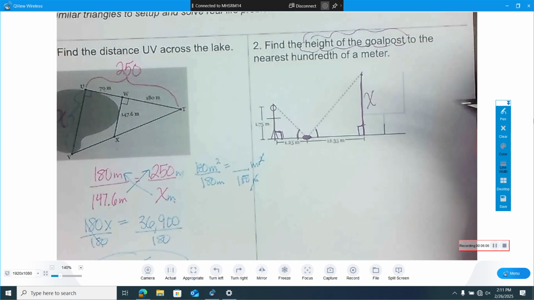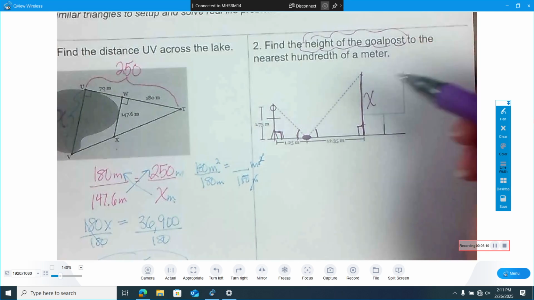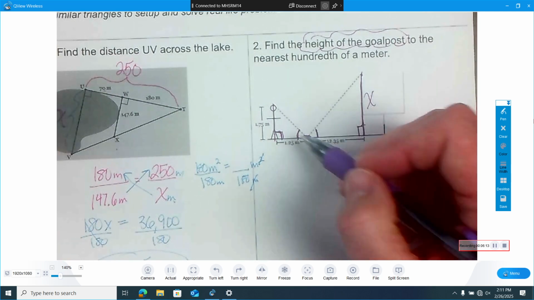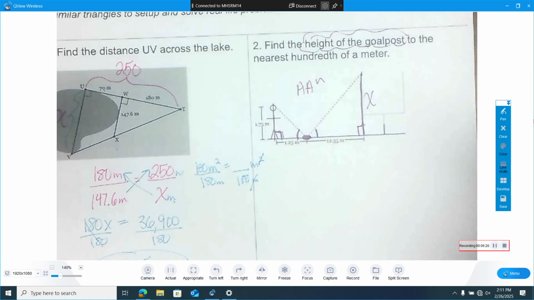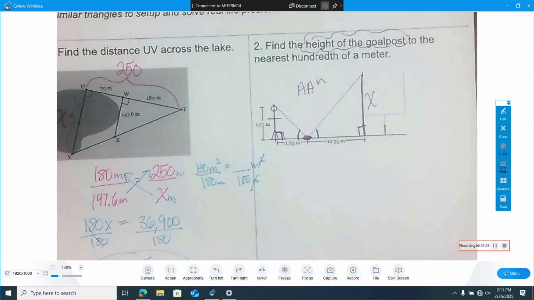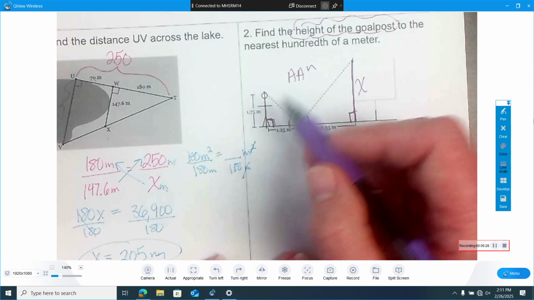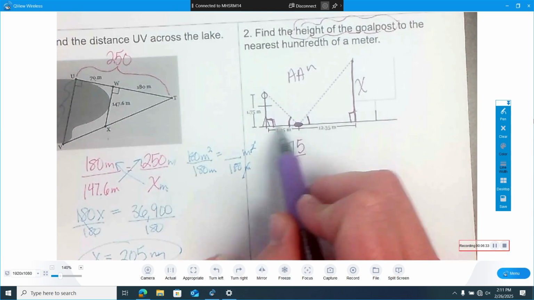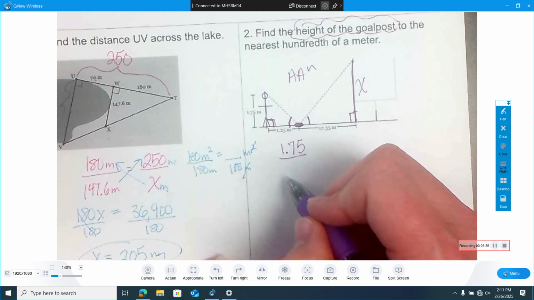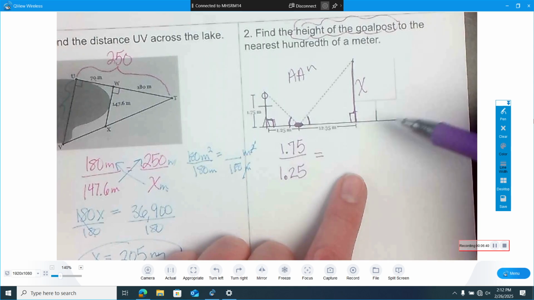In physics, the angle of incidence is exactly equal to the angle of reflection. When you have a mirror, the angle coming in just reflects exactly away. And so they are congruent. These two triangles have angle-angle similarity, and so we can set up a little proportion. So I'm going to look at my baby triangle here. I'm going to do the height of the dude, 1.75, over his distance to the mirror, so 1.25, equals what over what?